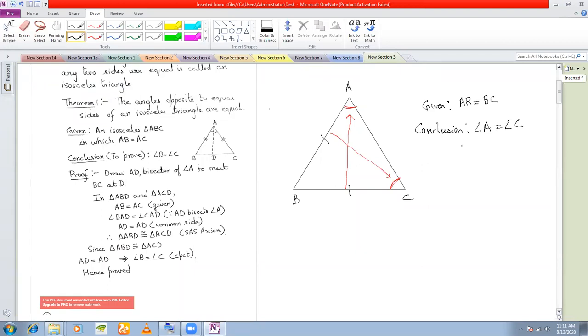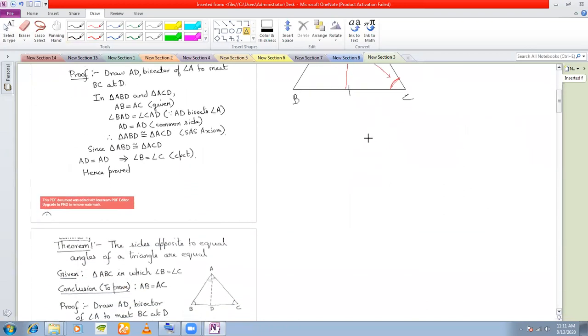Okay, let us take another example where I take ABC, and this time I take these two sides to be equal. So given AC is equal to BC.